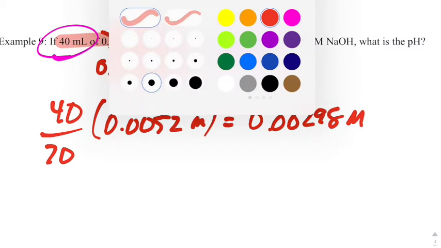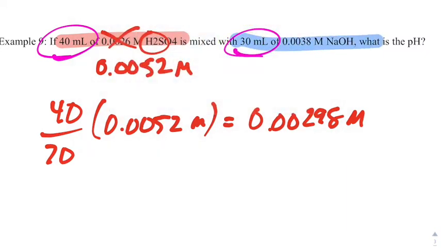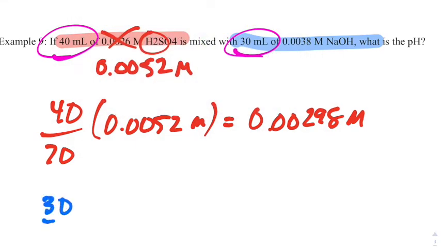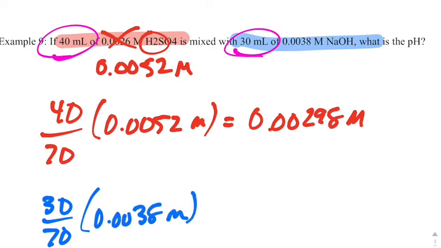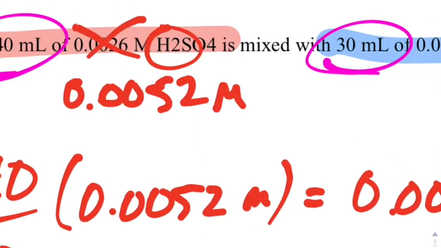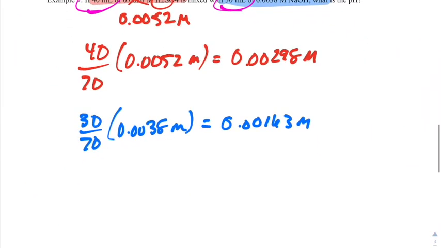And my base that I have here, right, I have 30 milliliters of the 0.0038 molar of the sodium hydroxide. So my base is going to be 30/70ths of 0.0038 molarity. And so I am going to end up with 0.00163 molarity of my base.